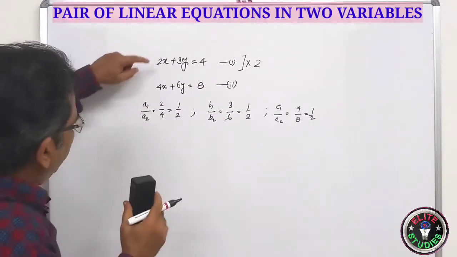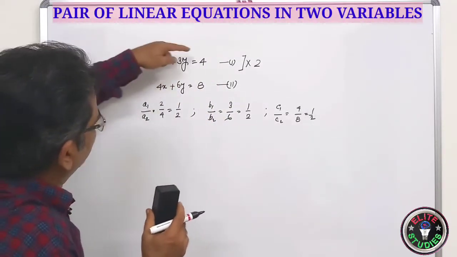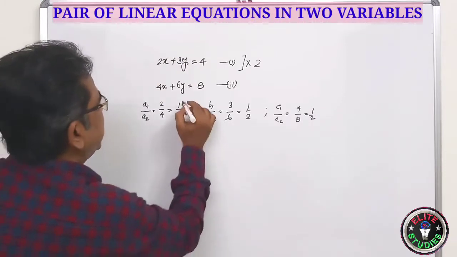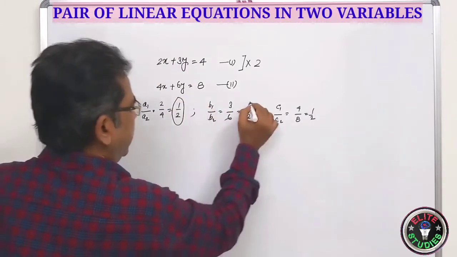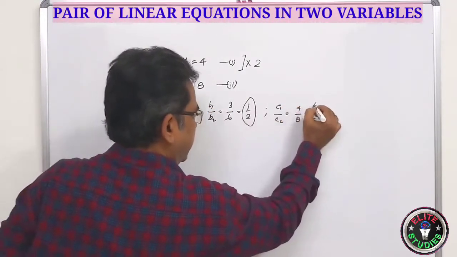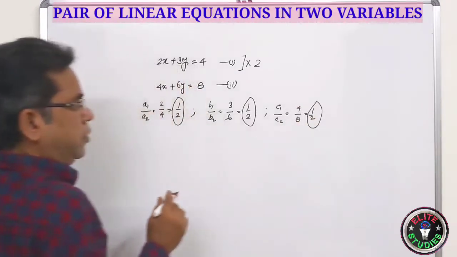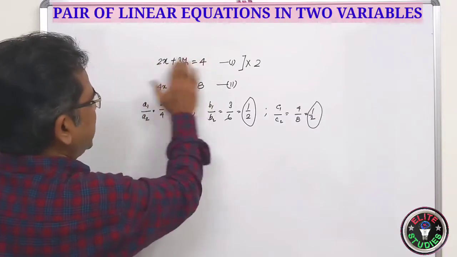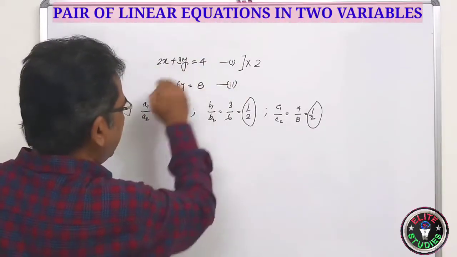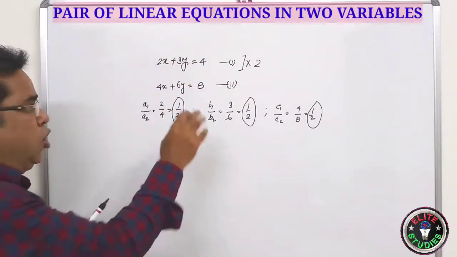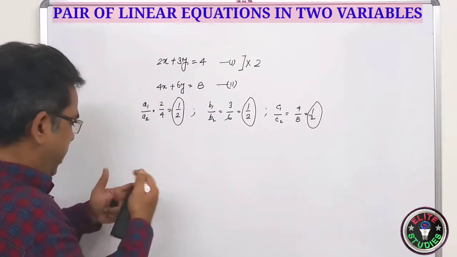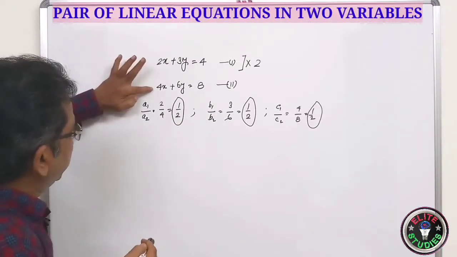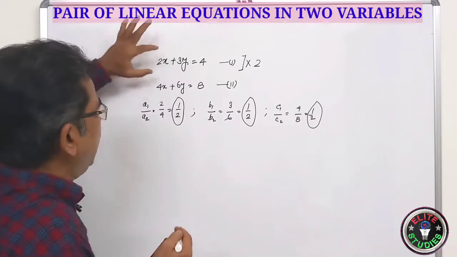So here a1 by a2, b1 by b2 and c1 by c2, all these three ratios are equal. Why are they equal? Because we have simply multiplied the coefficients of this equation by 2 and got the second equation. So this equation is not at all different from this.